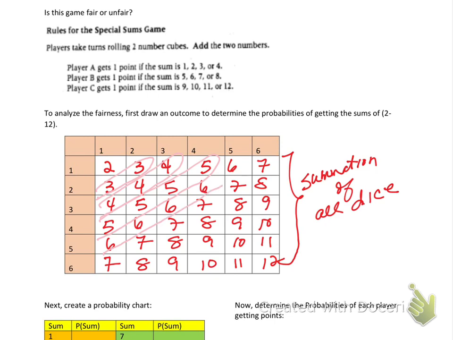There are 1, 2, 3, 4, 5 6s. 1, 2, 3, 4, 5, 6 7s, and then it goes back down again. 5 8s, 4 9s, 3 10s, 2 11s, and 1 12. So there's 1 12 and there's 1 2. So let's figure out this probability chart. We'll do it on the next page. You may need to come back and look at your notes as you're doing this. Make sure your notes are filled in.